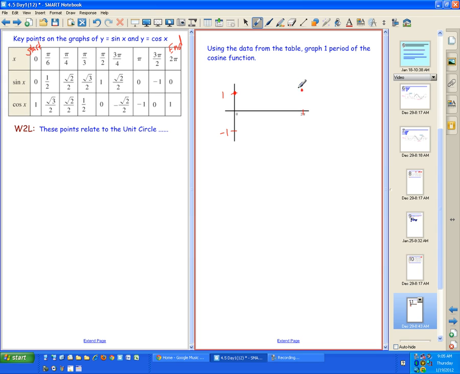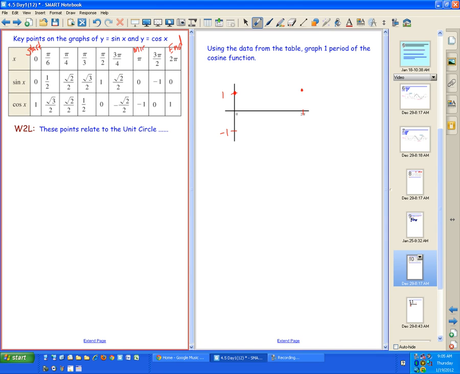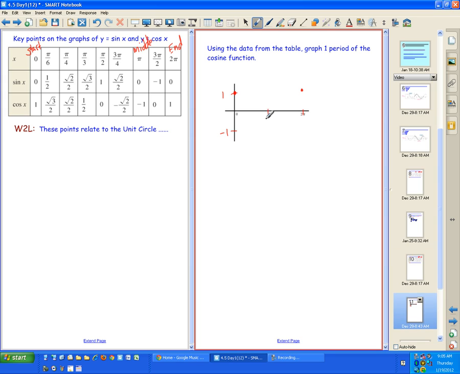Then my middle point will be pi, which is right in the middle. And so this is just a sketch I have: when we're at pi, cosine is at negative 1, so I'm down here. And then my 2 points that are going to be in between are pi over 2 and 3 pi over 2. These may be max, they may be mins, they may just be the intercepts.